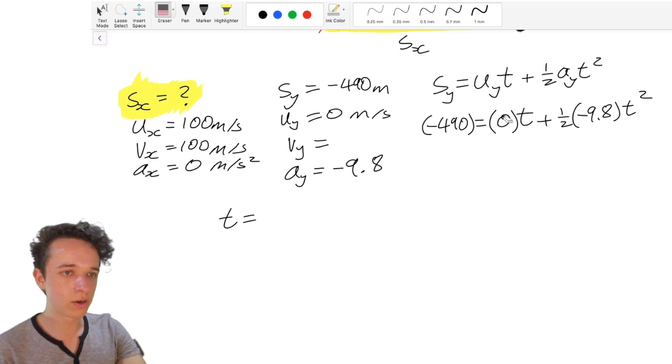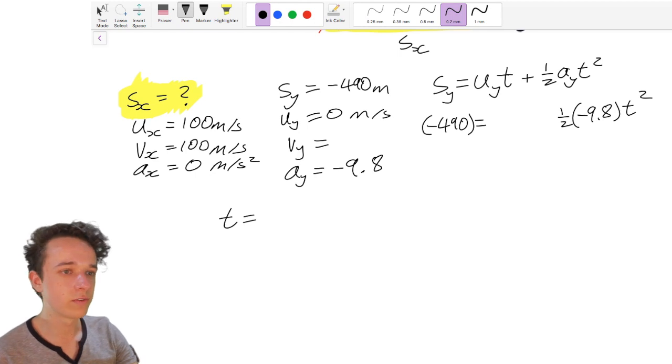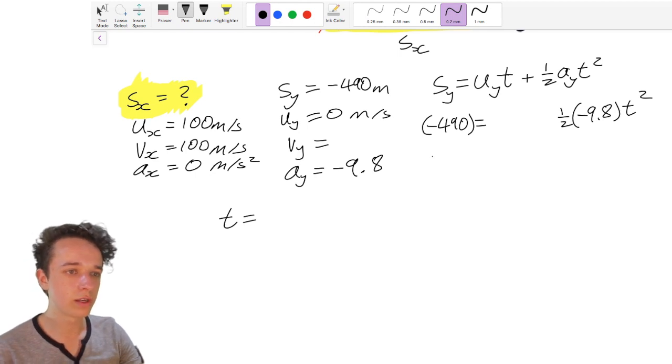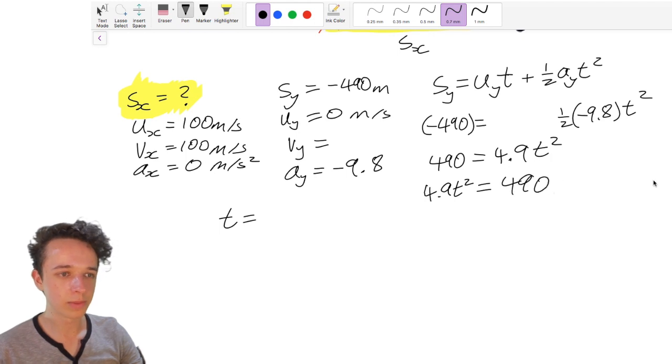So because of the 0, this disappears. If we divide both sides by -1, we'll get 490 equals half of 9.8, which is the same as 4.9. So we can rewrite this as 4.9 t squared equals 490, just to be a little bit neater.